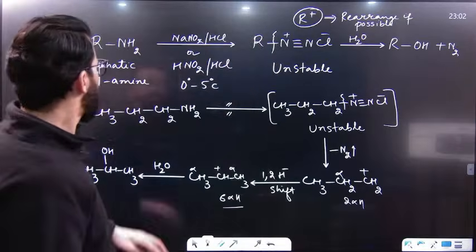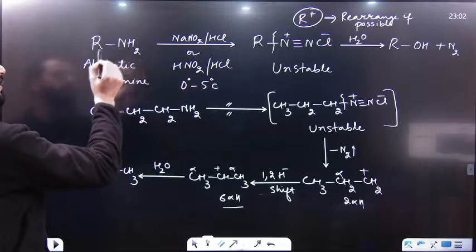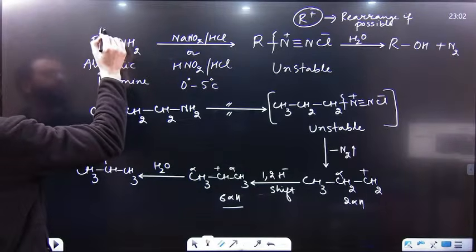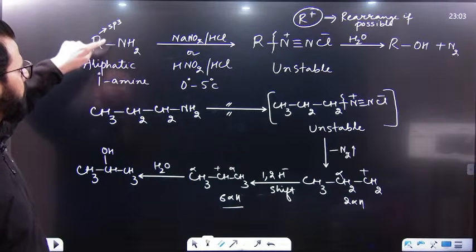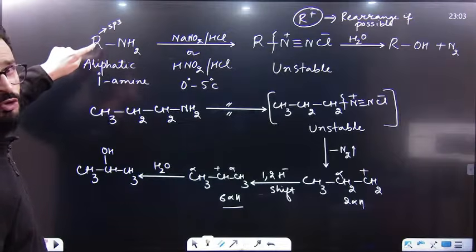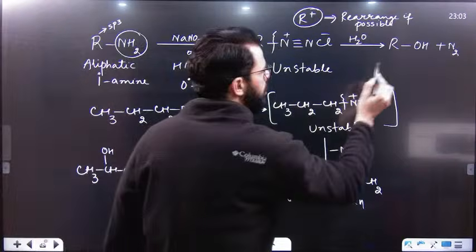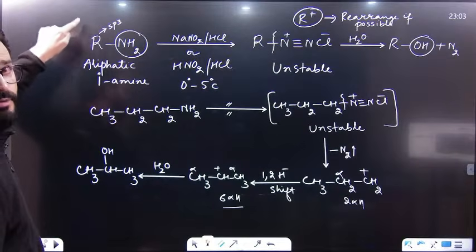Whenever you have an amine in which NH2 is attached to an sp3 hybridized carbon, what we have to do is replace this NH2 by OH. But first of all, form a carbocation.